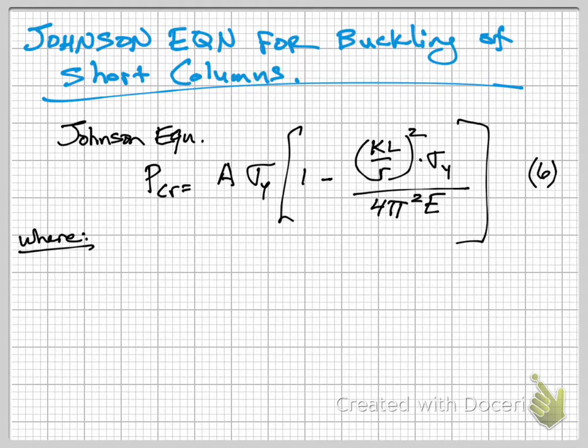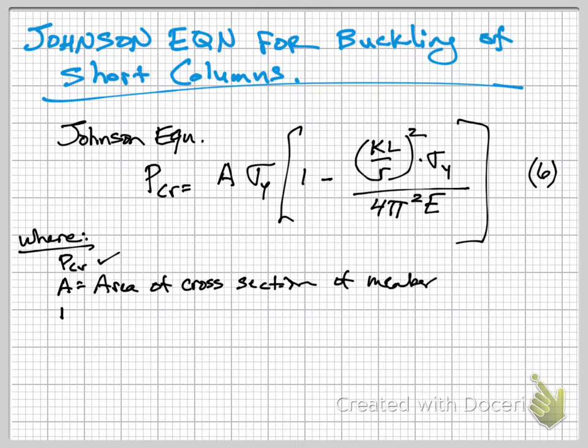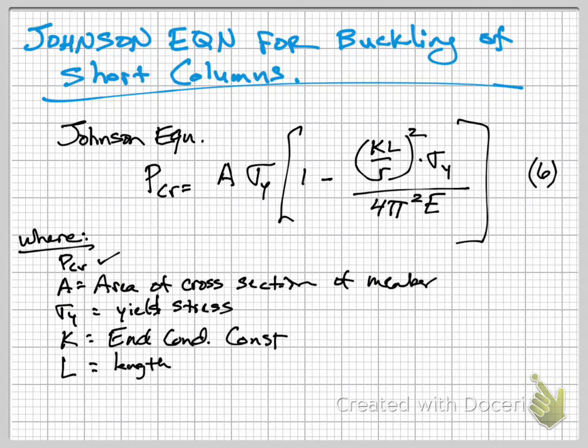where P critical is the critical buckling load, A is the area of the cross section of the member, sigma y is the yield stress, K is our end condition constant, L is the length of the column, E is our modulus of elasticity, and I can't forget R, the radius of gyration.